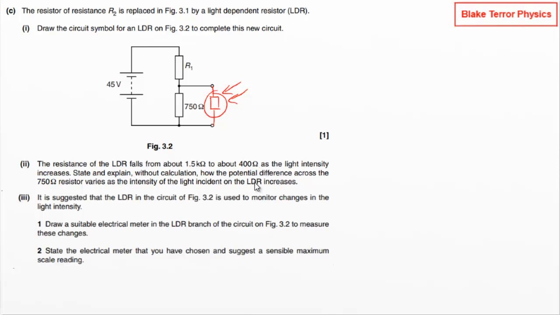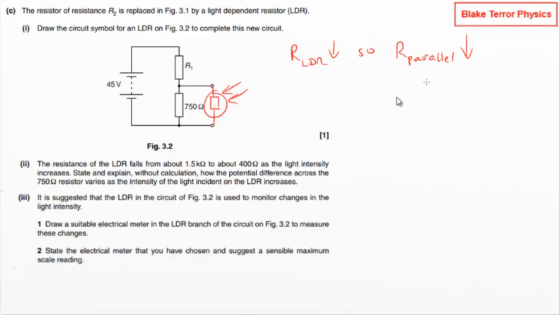State and explain, without calculation, how the potential difference across the 750 ohm resistor varies as the intensity of the light incident on the LDR increases. Right, so the R of the LDR will decrease. So the R parallel is going to go down. If we're dropping the resistance in one branch, the resistance overall is going to drop.